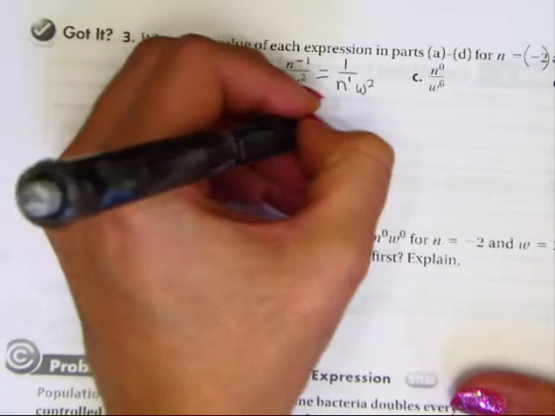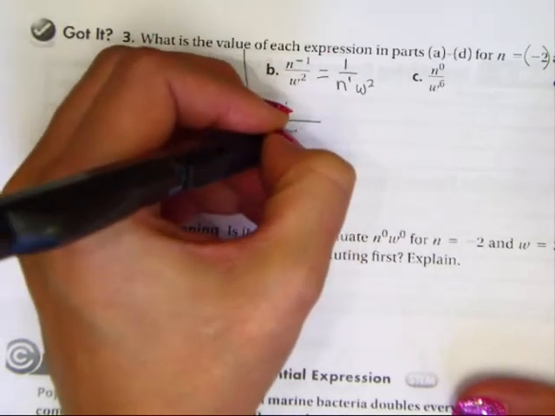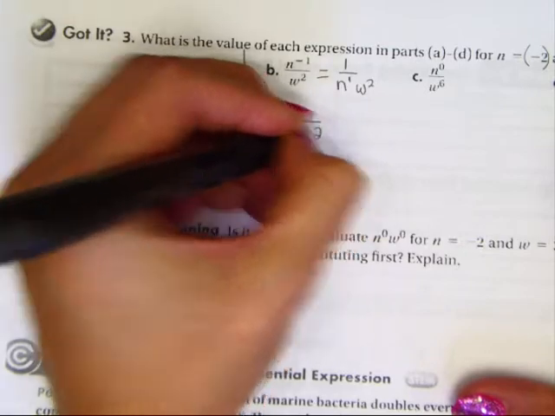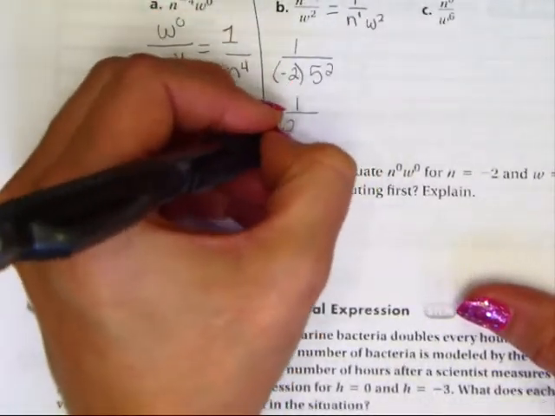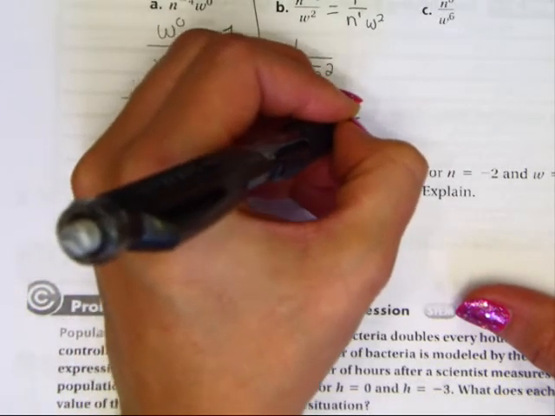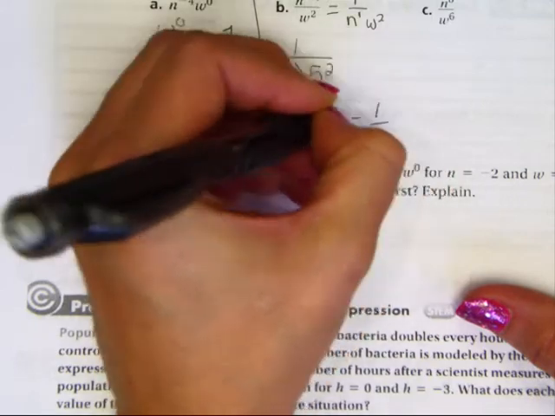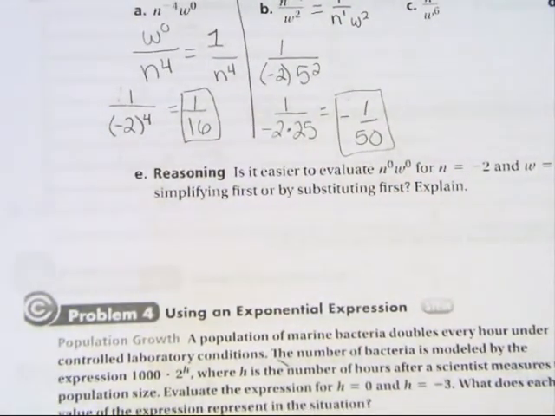So that's 1 over n is -2, and W is 5, and that needs a squared. So this becomes 1 over -2 times 25. Final answer, that's -1/50th. Don't keep that negative in the bottom, bring it out front or put it up top. Okay? Let's move on.